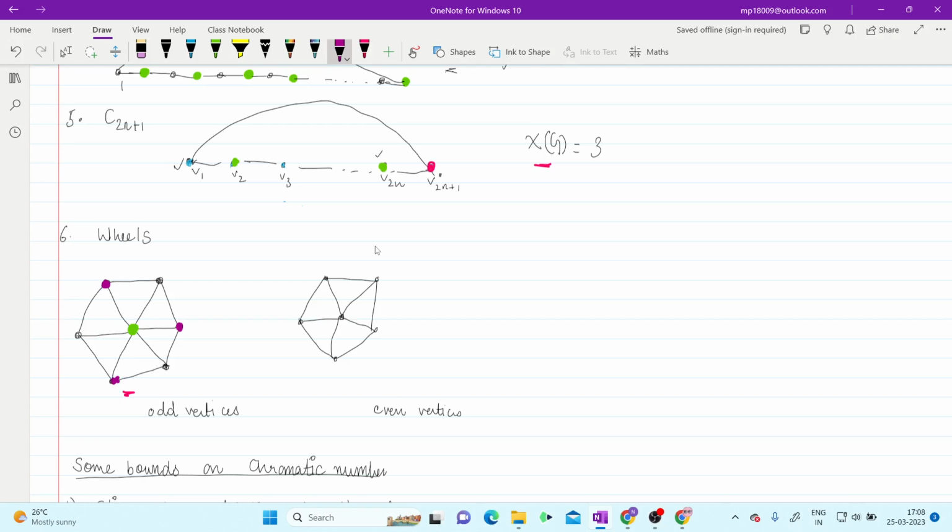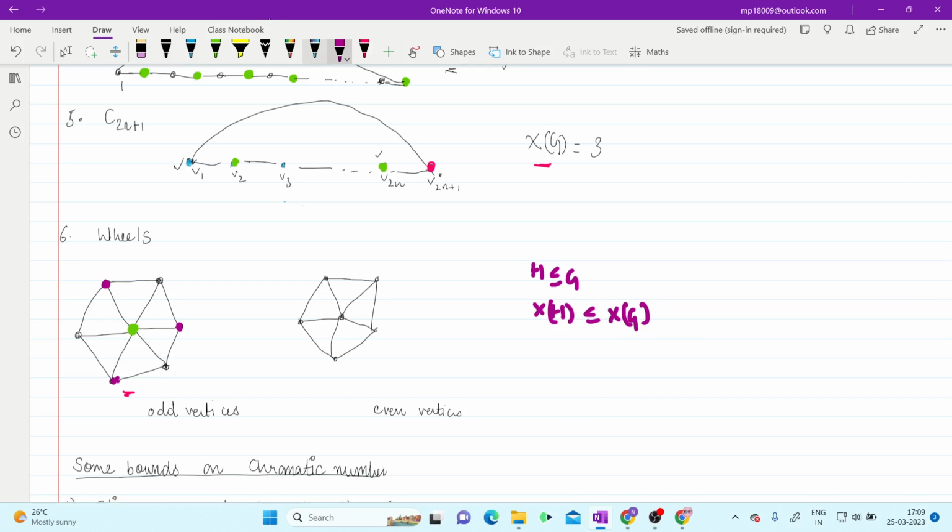This is a graph which has an even cycle, and we know that if H is a subgraph of G, then the chromatic number of H will be less than or equal to the chromatic number of G. Since it has an even cycle, we need at least two colors.